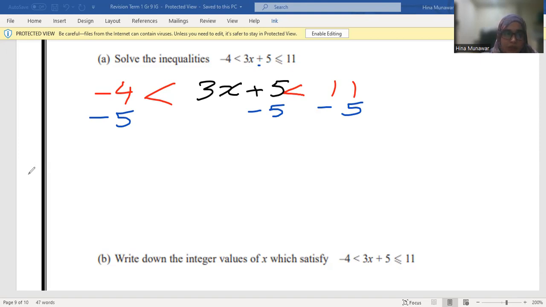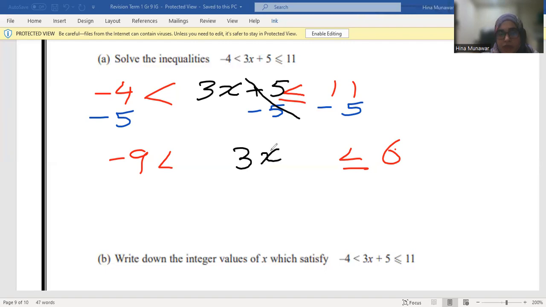So what happened now? It's minus 4 minus 5, it's minus 9, less than, 11 minus 5. What is it? 11 minus 5, sorry, 6. It cancels out, and 3x as it is.